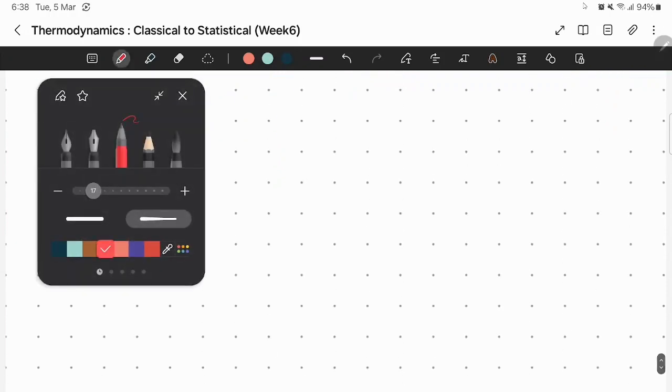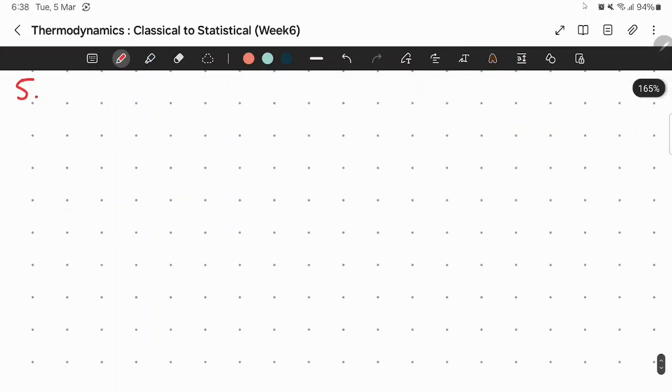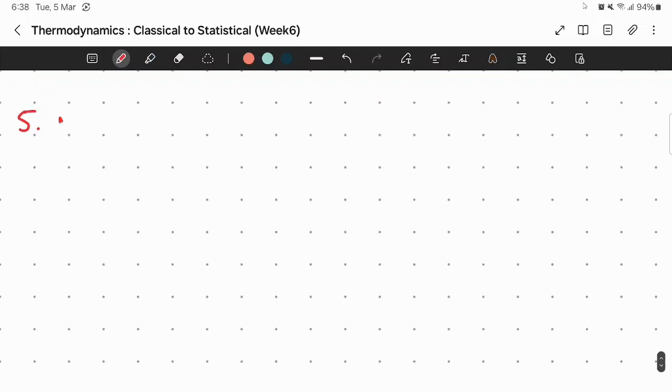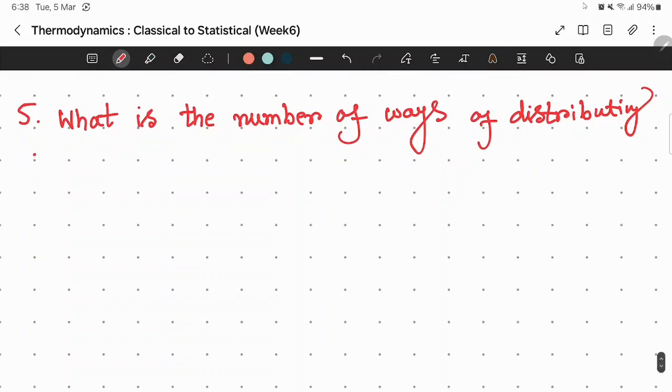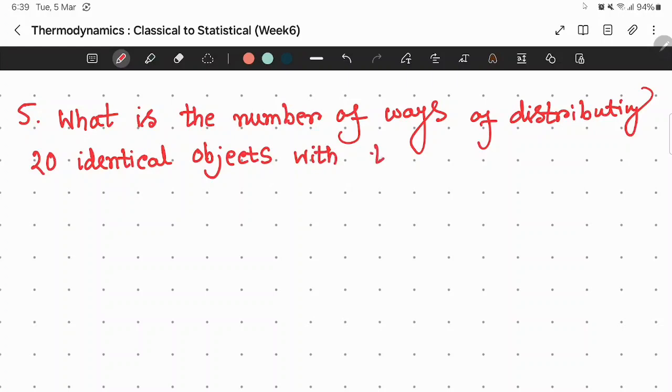Now, question number 5. What is the number of ways of distributing 20 identical objects with the arrangement given? The arrangement is important.